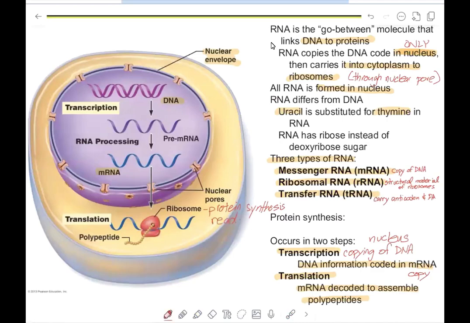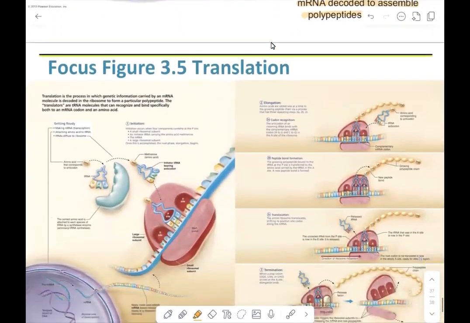It reads the mRNA sequence 3 letters at a time. And with every 3 letters, the transfer RNA molecule brings in 2 things. It brings in an anticodon and an amino acid. And those will make more sense on the next couple slides.